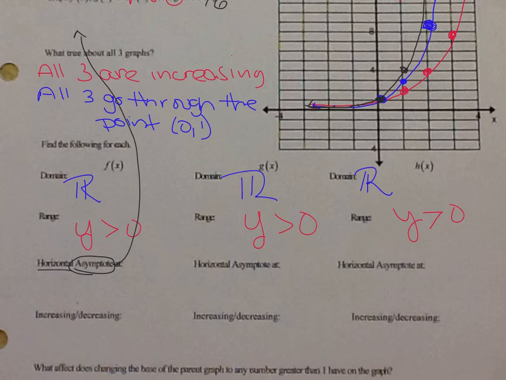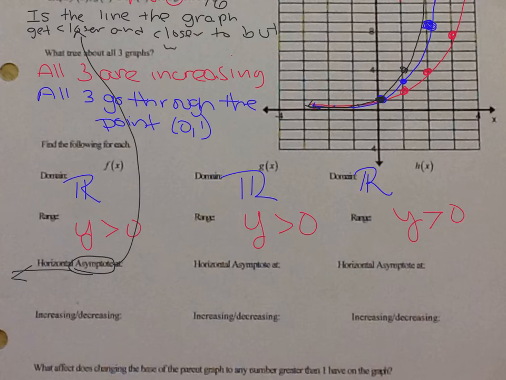So an asymptote is the line the graph gets closer and closer to, but will never cross or touch it.